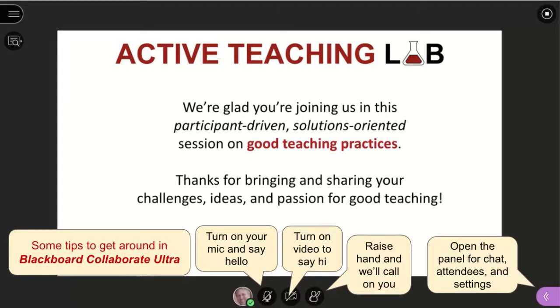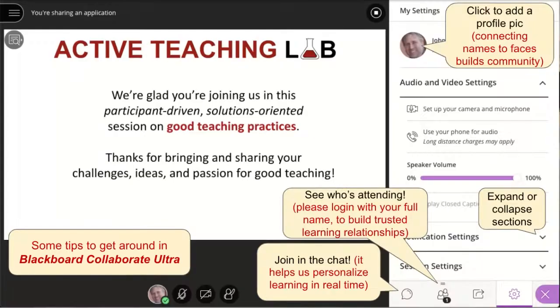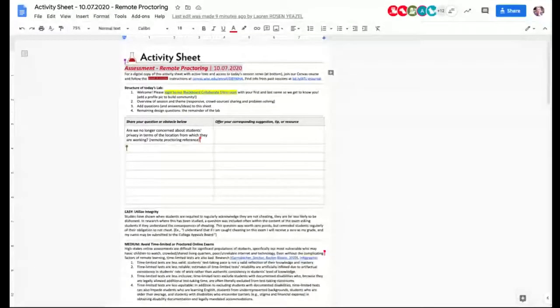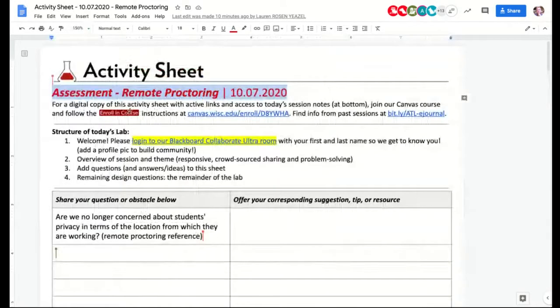We do have a structure that we follow, on the activity sheet, which Sid is sharing in the chat window. I'll make it bigger on the screen for you to see.